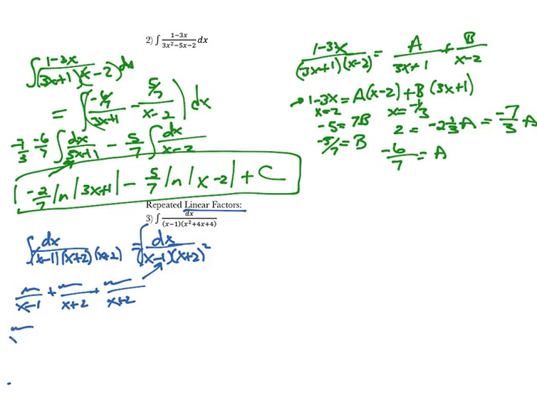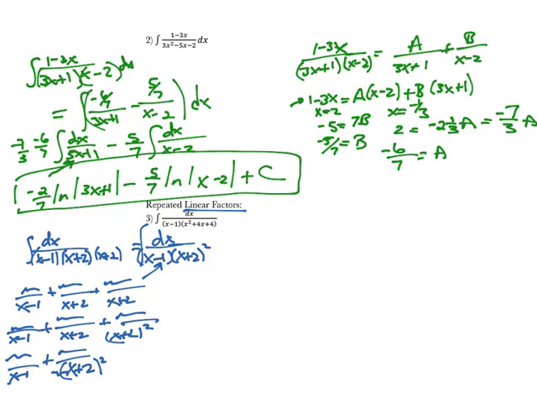Or I could have something over x minus 1, plus something over x plus 2, plus something over x plus 2 quantity squared, and that would have the same denominator. Or I could have something over x minus 1 plus something over x plus 2 squared. And I don't know which one of those cases I have, but this middle case takes into account everything that's possible.